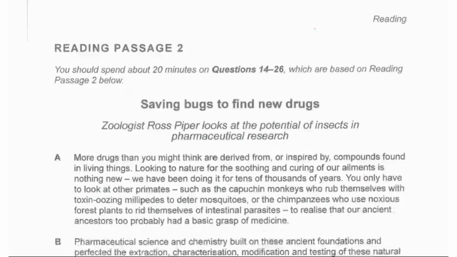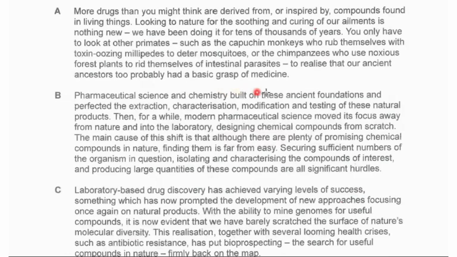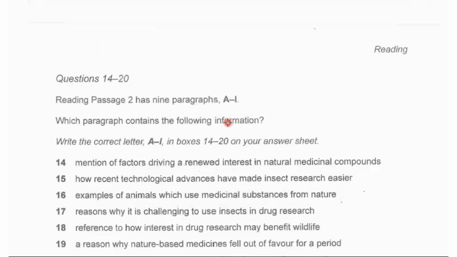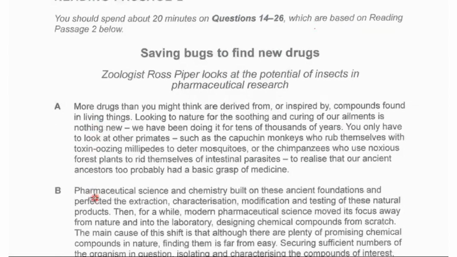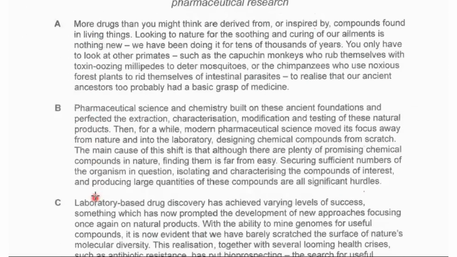Let's go on. Paragraph B now. Pharmaceutical science and chemistry built on ancient foundations and perfected extraction. Then for a while, modern pharmaceutical science moved its focus away from nature into the laboratory. They moved away from nature. Where is it? Nature-based medicine fell out of favor. Can you see that? Let's see whether the reason is mentioned there, because the statement says a reason why it fell out of favor.